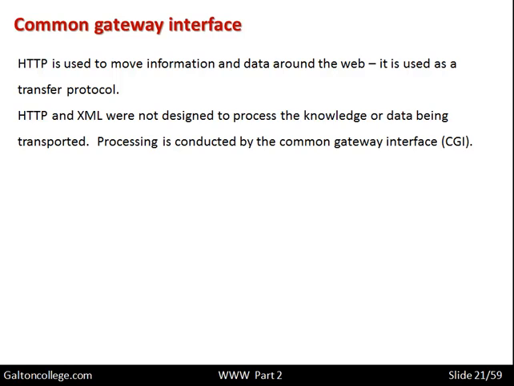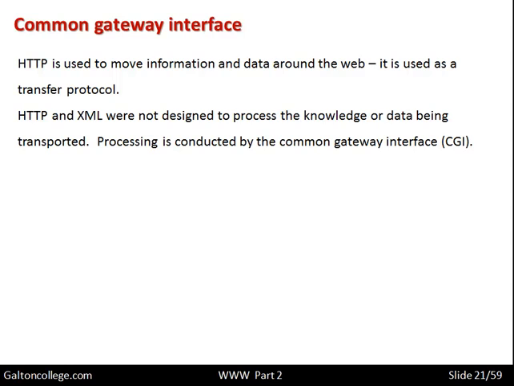HTTP and XML were not designed to process the knowledge or data being transported. Processing is conducted by the Common Gateway Interface, the CGI. So HTTP and XML, both of these are used to move data around the internet.